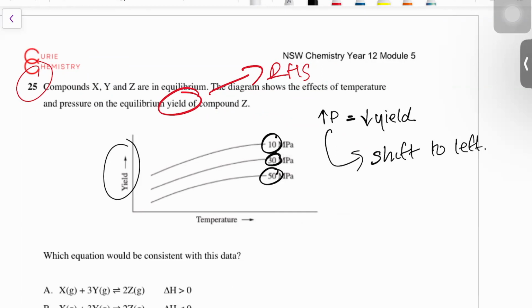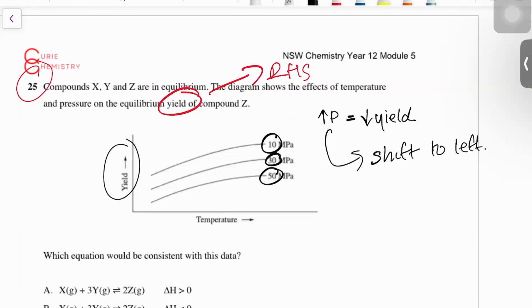What does the equilibrium do in response to an increase in pressure? It shifts to the side with the lower moles. Moles of what? Like the ratio, the stoichiometric ratio in the equations.